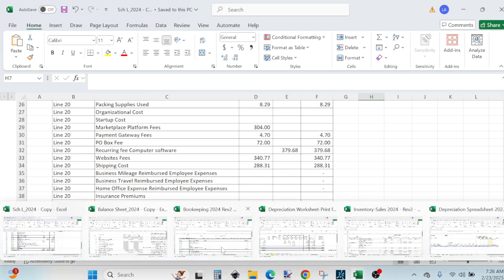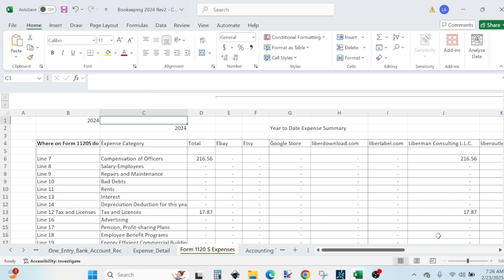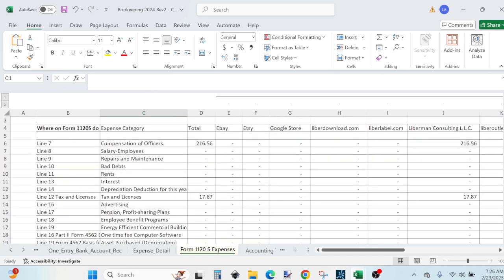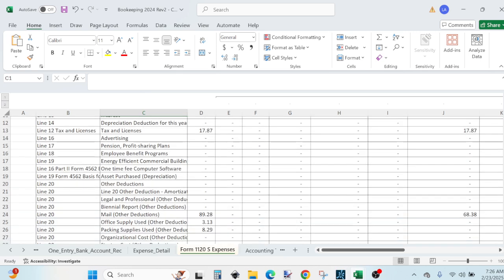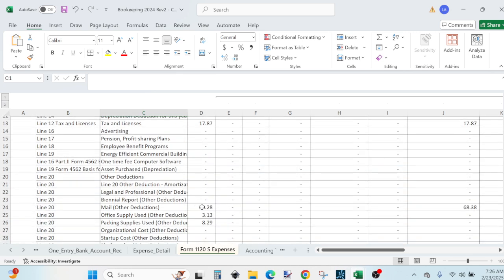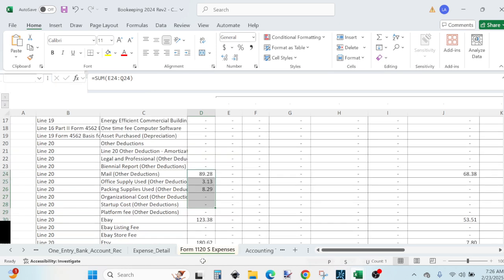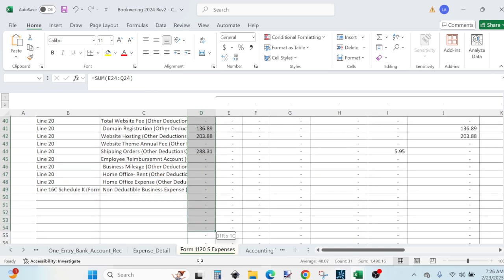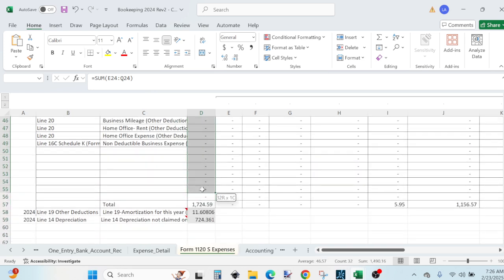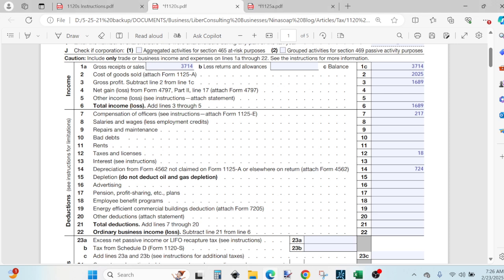Let's go back to the bookkeeping here. It's 1502, and it is going to be storing those expenses. Let's go down. That is the total and the amortization. So 1502.